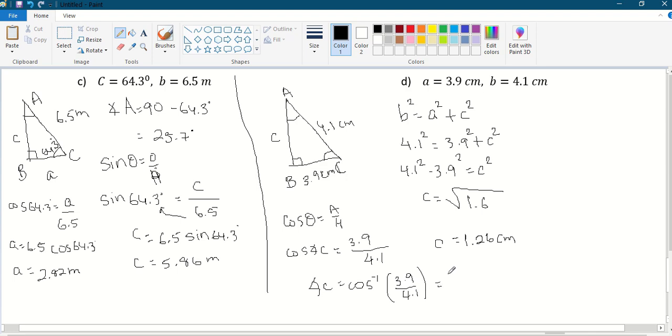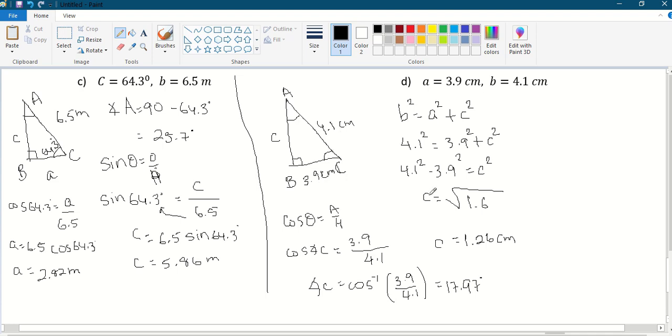In our calculators, we punch in cos inverse 3.9 divided by 4.1, giving us 17.969, so 17.97 degrees.